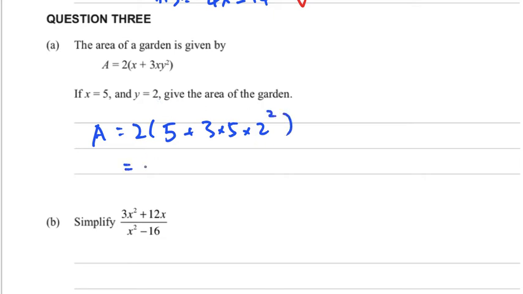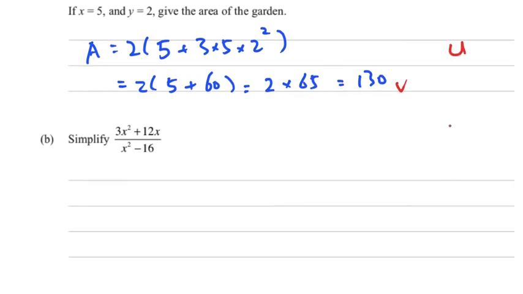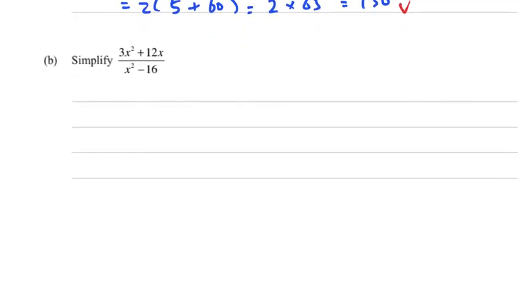And then just do the rest of it slowly. Okay, 2 squared, let's do that one first. 2 squared gives 4, right? 4 times 5, 20. 20 times 6... that's 3, 60, right? So that's really 2 times 65. That's really equals 130.